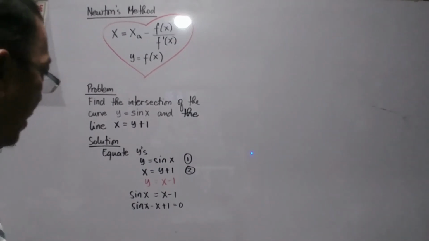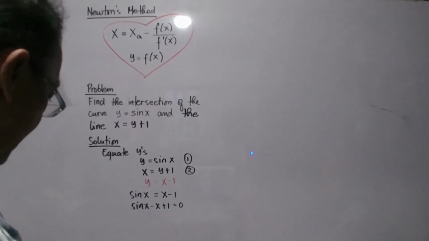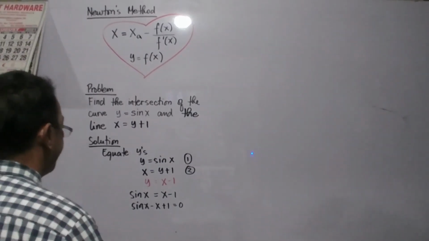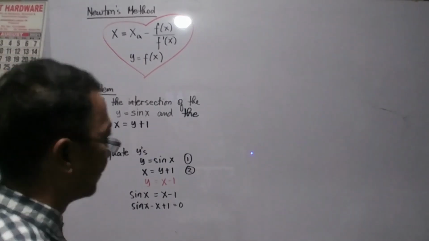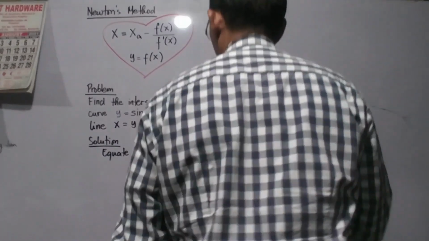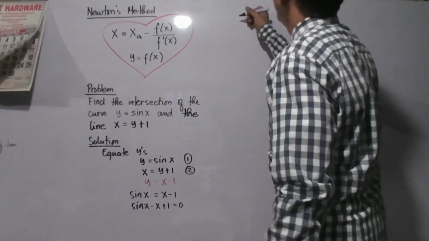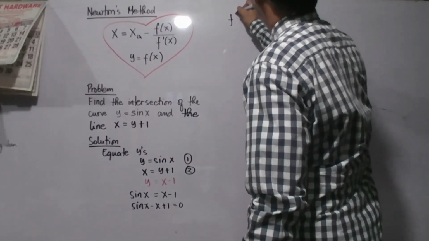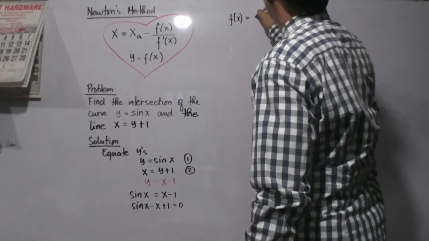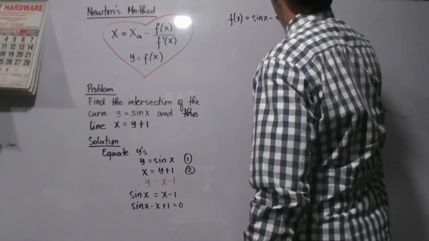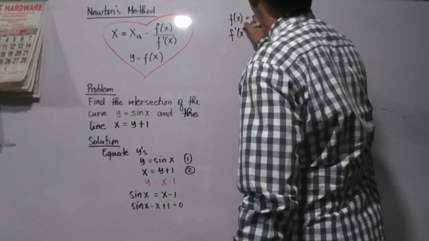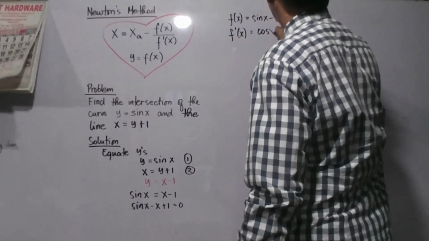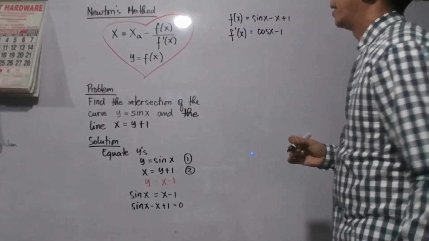Then get the first derivative. So our function of y now is sine x minus x plus 1. For the first derivative, we have cosine x minus 1.